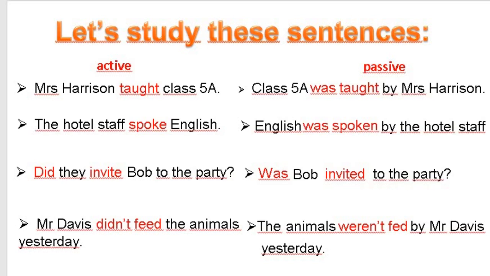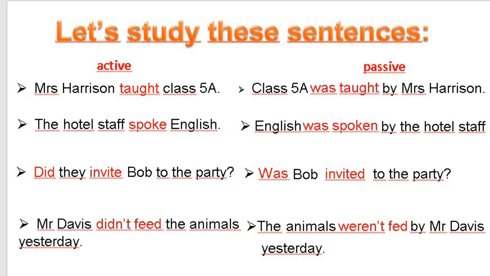So in this sentence, we put was at the beginning. Was Bob invite is the first form, but we want the past participle, so we say invited. Was Bob invited to the party?